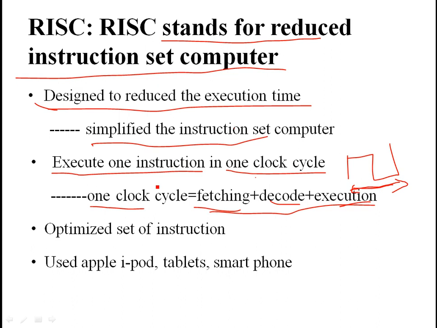So in RISC, one clock cycle is required to execute one instruction. Here we have an optimized set of instructions. Basically RISC architecture is applied in Apple iPods, tablets and smartphones. So this kind of architecture is preferred in these particular devices.